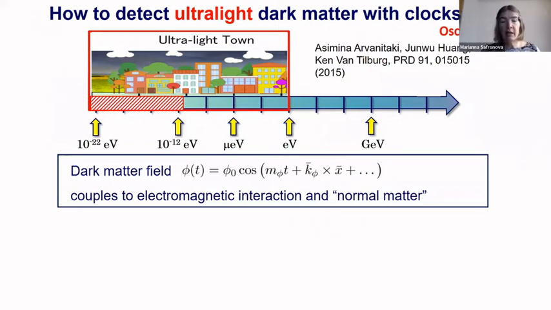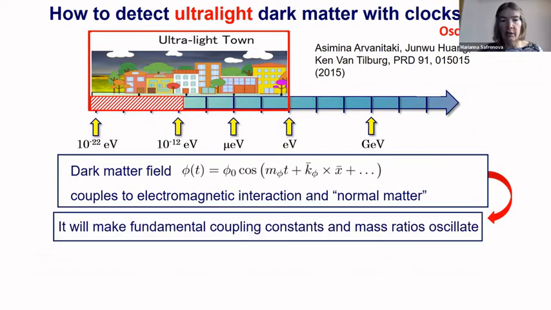If it's a scalar, then you simply take your field and multiply it by your standard model Lagrangian, or you take the square of the field. So it's a simple linear coupling. Therefore, you take your dark matter oscillating field and multiply it into all the terms of the normal Lagrangian, and what happens? Well, you just added an oscillating component to everything in your standard model.